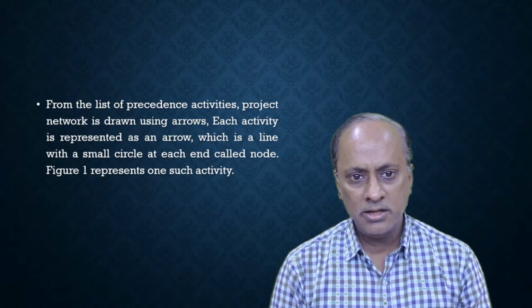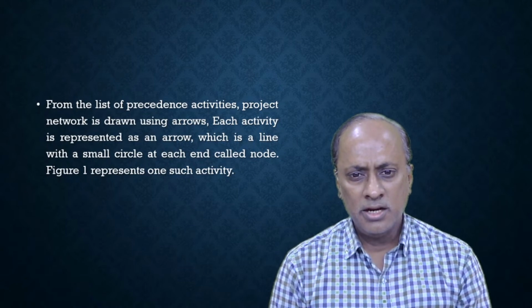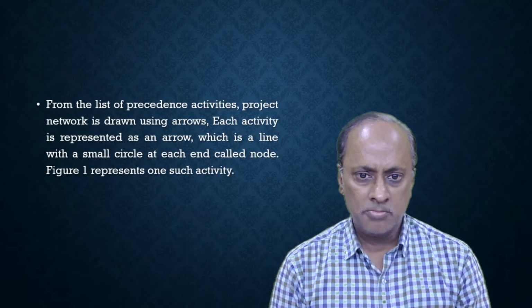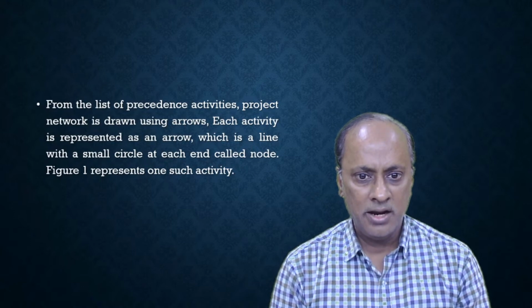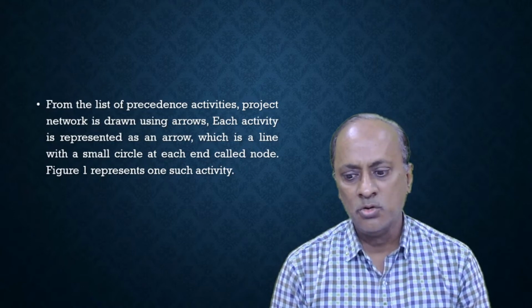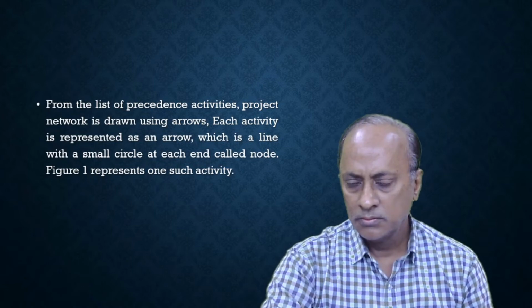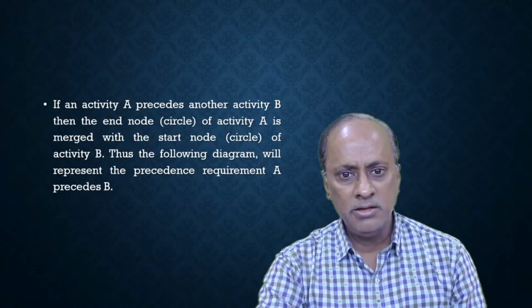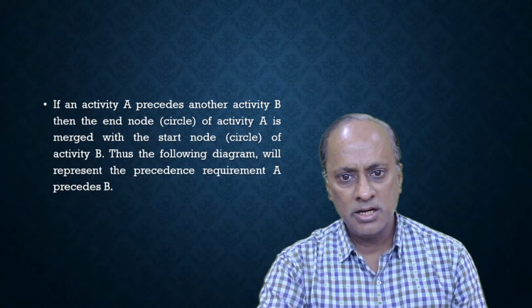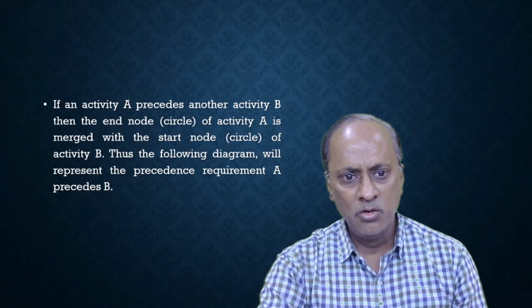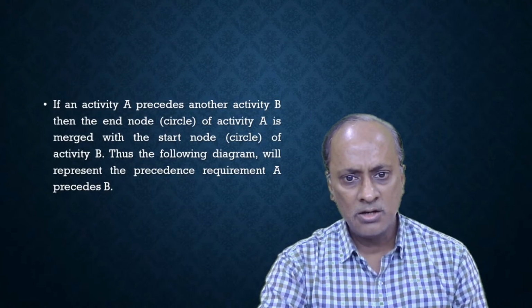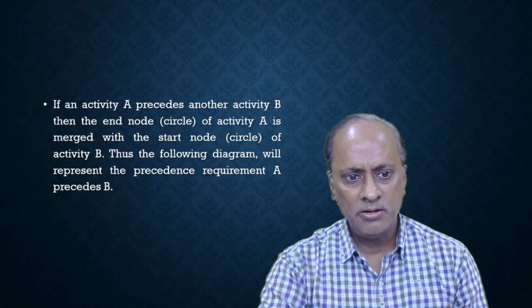So in a network diagram, we show each activity by an arrow mark. Now, when activity A precedes another activity B, then the end node or circle of activity A is merged with the start node circle of activity B.